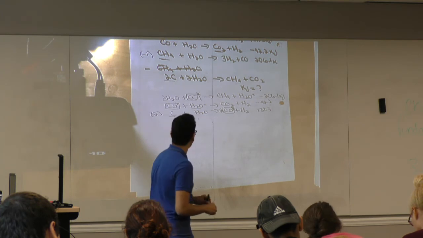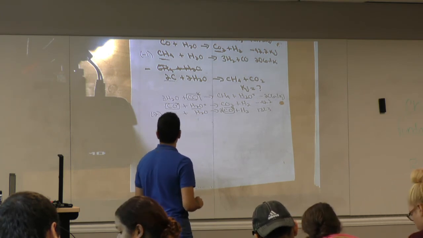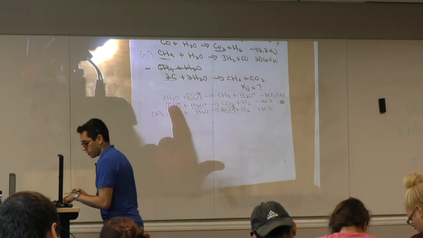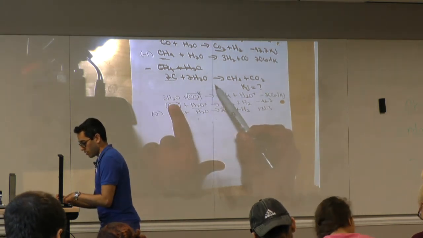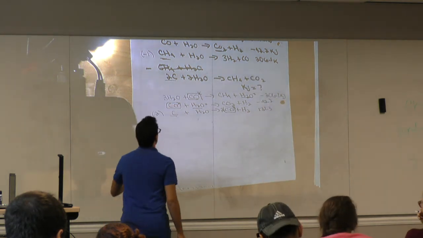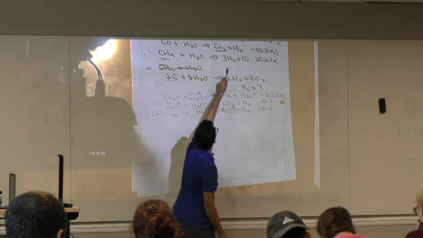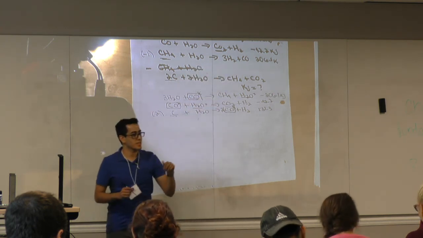What's up? Did you mean to put 3H2O or just 3H2? It should be 3H2, because when we multiply this one by -1, it flips it. So it is H2. Good catch.